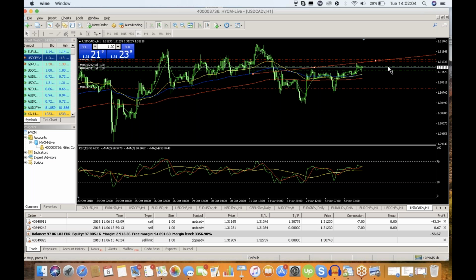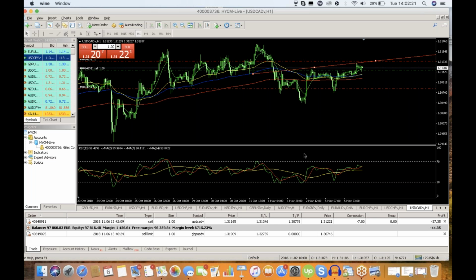So if you click on the entrance line, and you might just pull it down to there, and then that becomes your exit area as well. Okay, so I'm just going to show you that. I'm just going to take this off, and then I'm going to show you how to do it. So you have one-click trading.